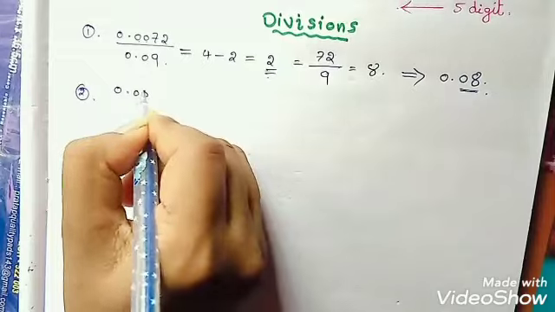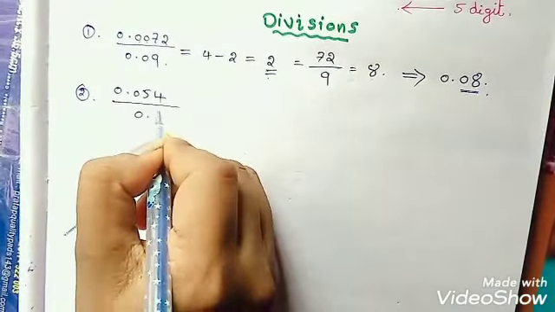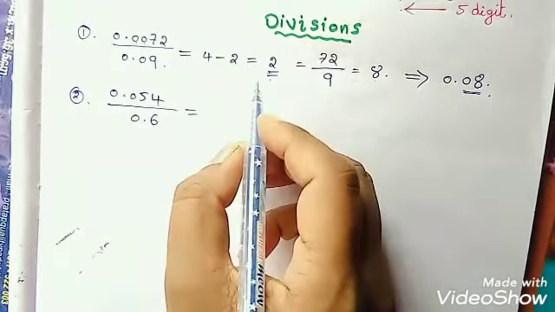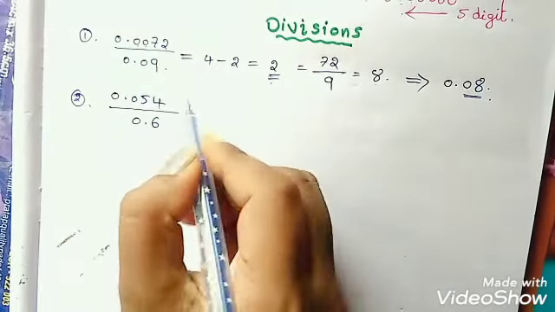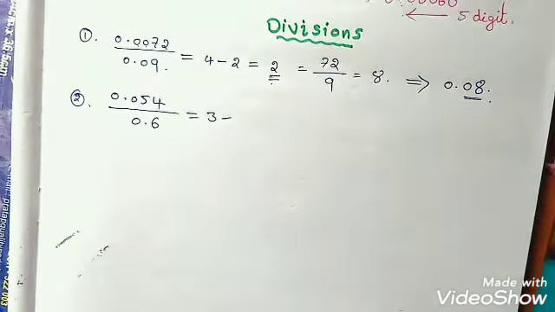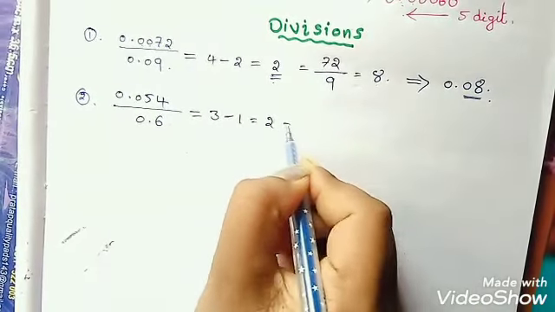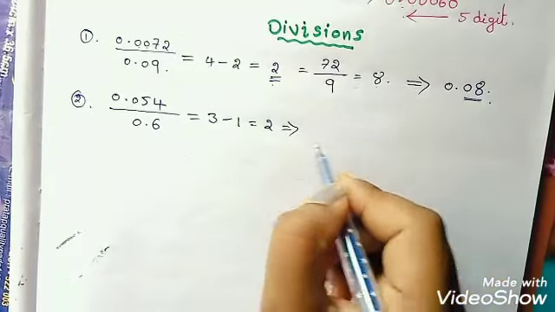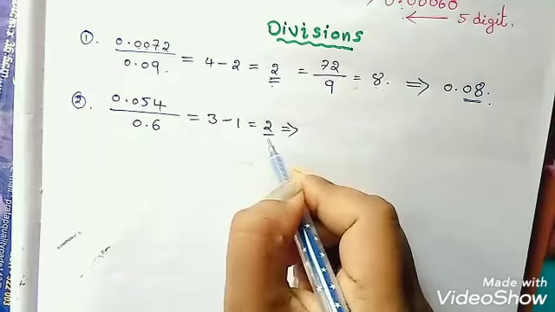0.054 by 0.6. Here see, in the numerator, after the decimal, you can count the places: 1 2 3, and see in the denominator only 1, so 2. In the answer you must get, after the decimal, a 2-digit number.